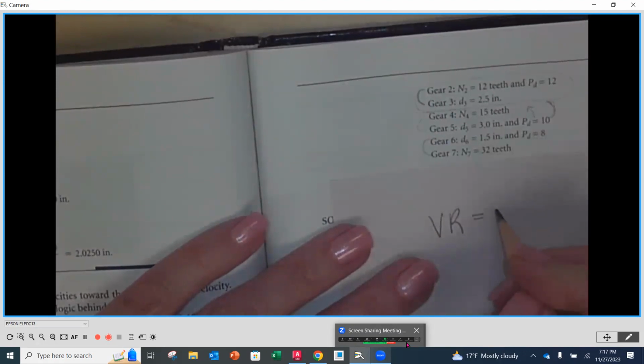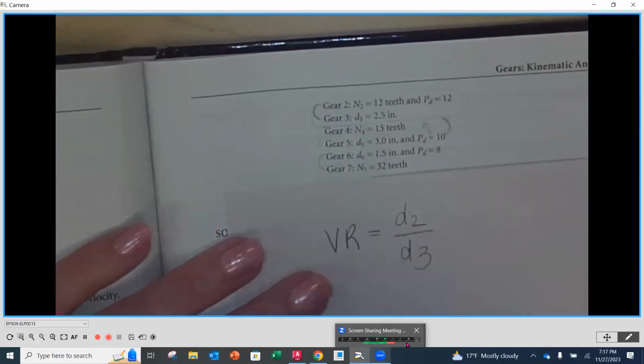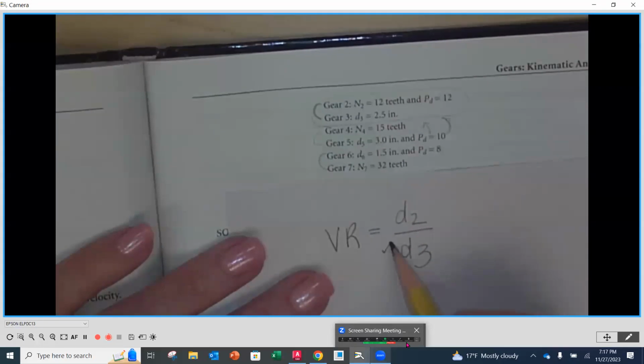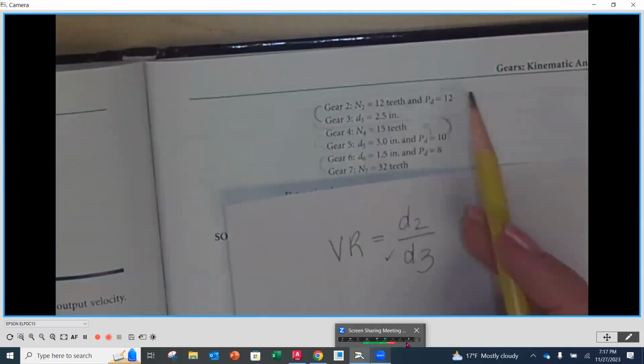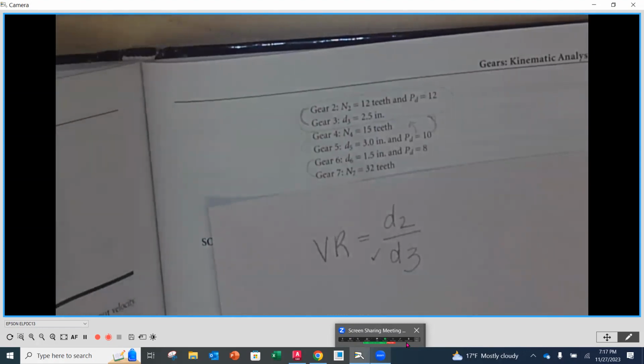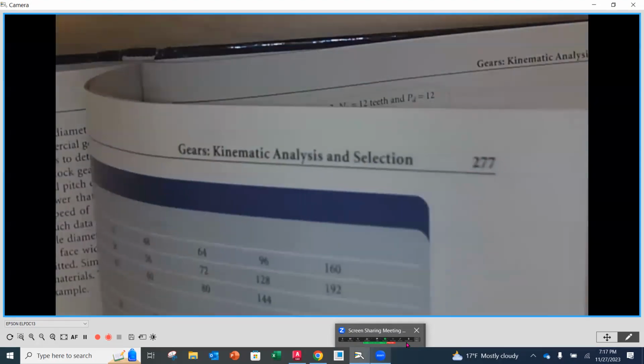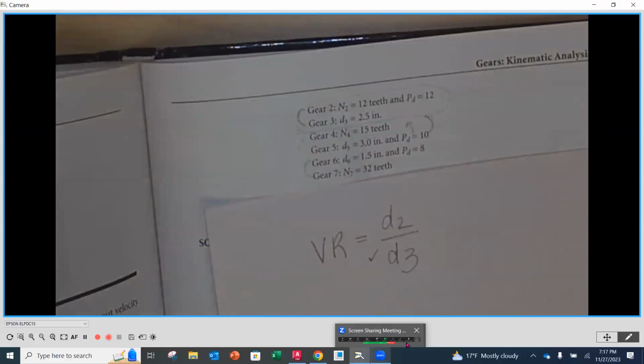So velocity ratio in this case is going to be the faster moving one, which is going to be D2 divided by D3. We already know what D3 is, so we have to find what D2 is. To find D2, we know the number of teeth and the diametral pitch, and we do have an equation that relates those three.